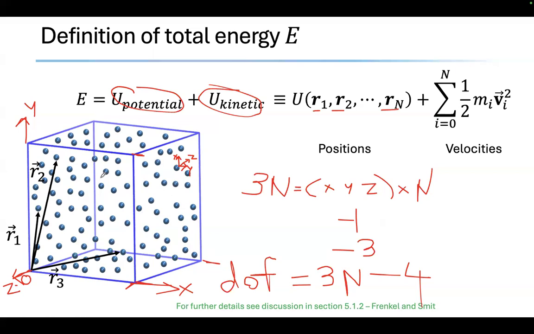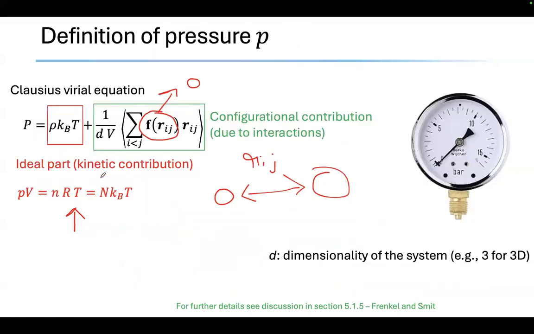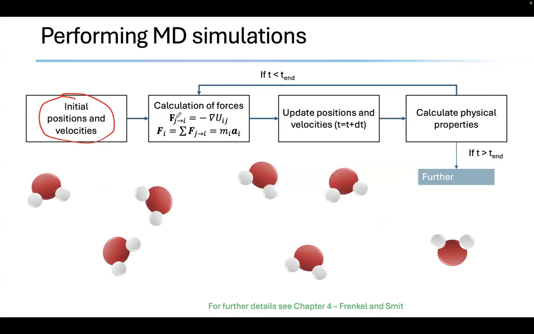Now you also have to initialize the velocities. You can do this in multiple ways. You can initialize the velocities using the Maxwell-Boltzmann distribution. The idea is that you sample velocities from the Maxwell-Boltzmann distribution and assign them to the molecules.